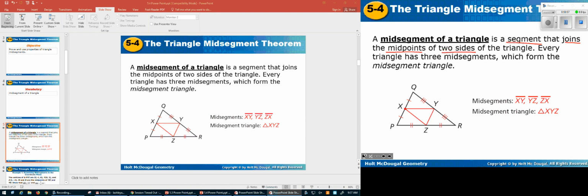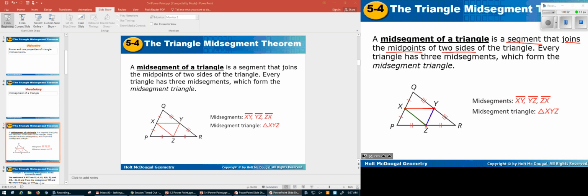So for example, XY would be a mid-segment because it's connecting midpoint on this side to midpoint on this side. Does that make sense? Okay, because a triangle has three sides, it's going to have three separate midpoints, one on every side, right? Which means if you connect midpoint to midpoint, how many mid-segments can you get in a triangle? 3.